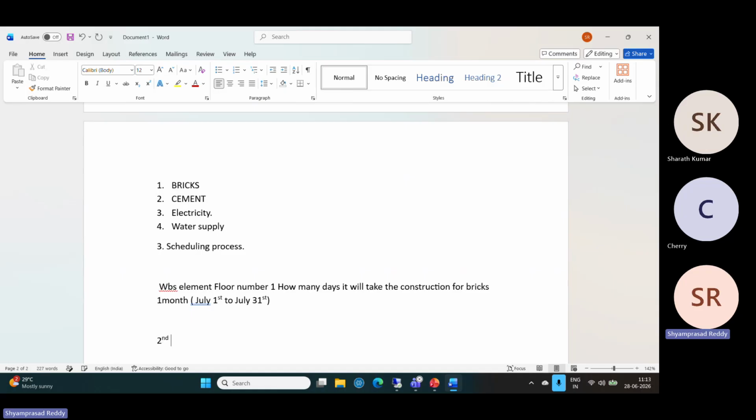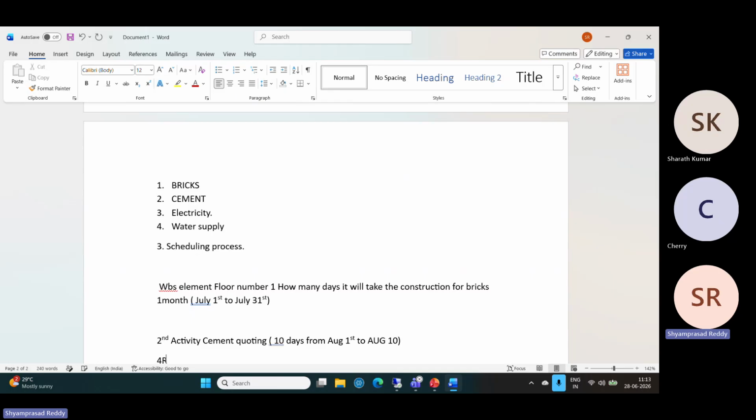Second activity under the WBS element level is cement coating. It will take 10 days, from August 1st to August 10. That is the second scheduling.